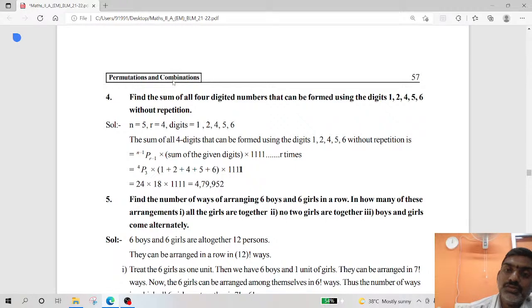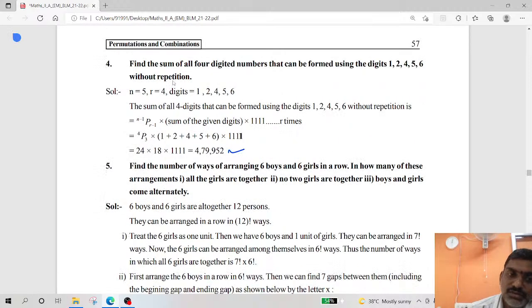So n is equal to 5, r is equal to 4, n-1 p r-1, that is 5 minus 1 p 4 minus 1, 4p3. And what digit number? 4 digit number, so 4 ones will come. And sum of the digits: 1 plus 2, 3, 3 plus 4, 7, 7 plus 5, 12, 12 plus 6, 18. That is the final answer.